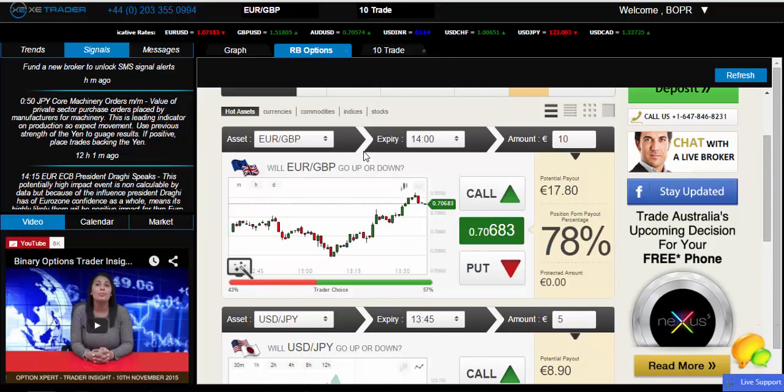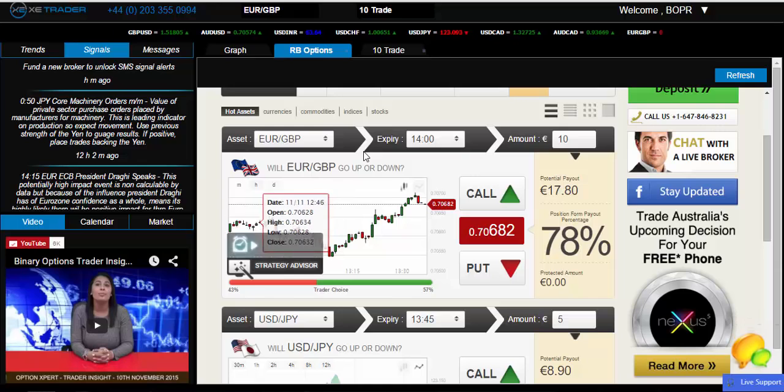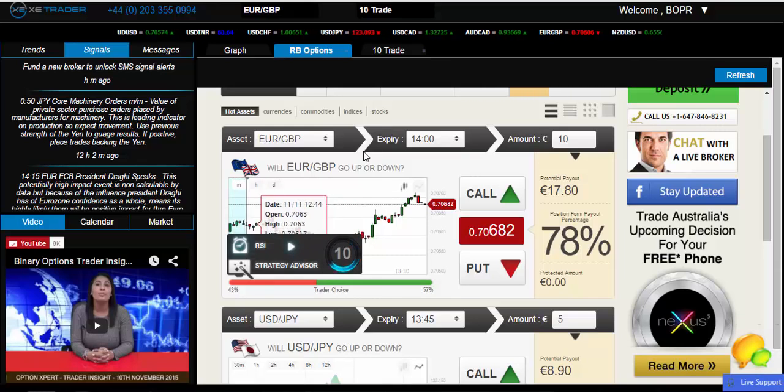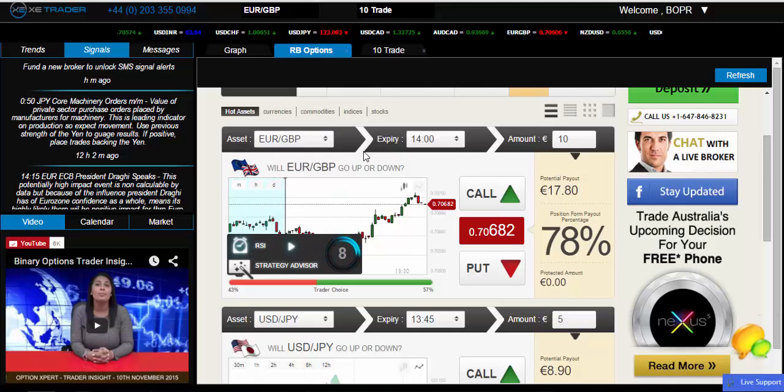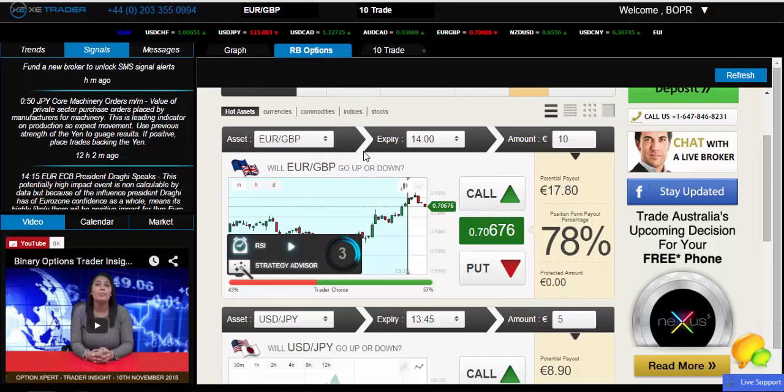Yeah, 07. I'm having a look at our RB options candlestick charts, and it's broken away downwards. But you know, we got 30 minutes, so we shouldn't. Exactly. I'm going to use their little strategy advisor and find out what they think, also because it's the trader's choice, so everyone else is going for a call as well.